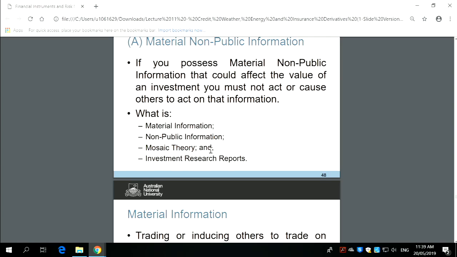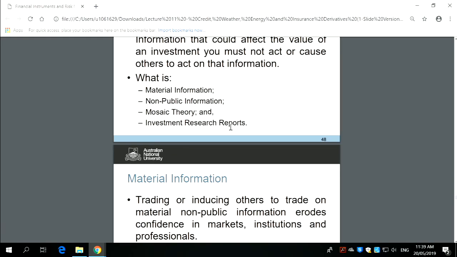And then we have something called mosaic theory. I'll talk about this with one example. Then we have the investment research report, the report produced by investment banks and analysts. Those are fine. If you purchase the report from the analyst, you can trade on it. That's perfectly fine, that's how the industry works.